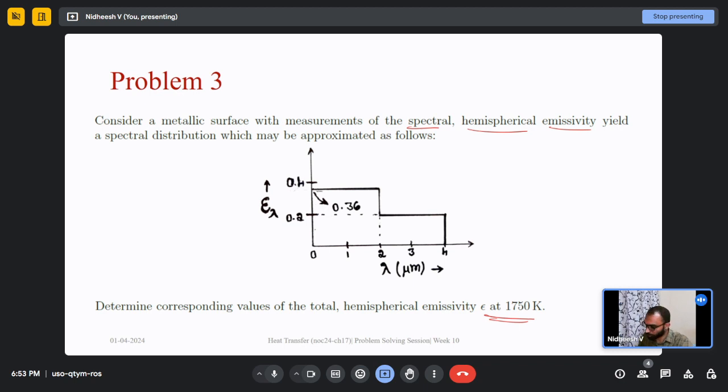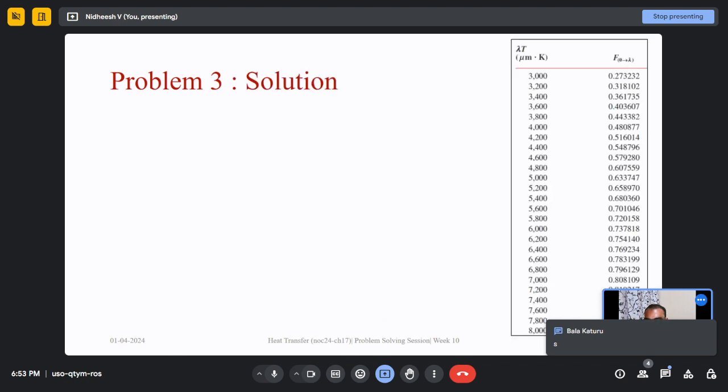Is the problem statement clear? Yes. So we can proceed to solve this problem. We have been given the spectral distribution of emissivity and we need to find the total emissivity.